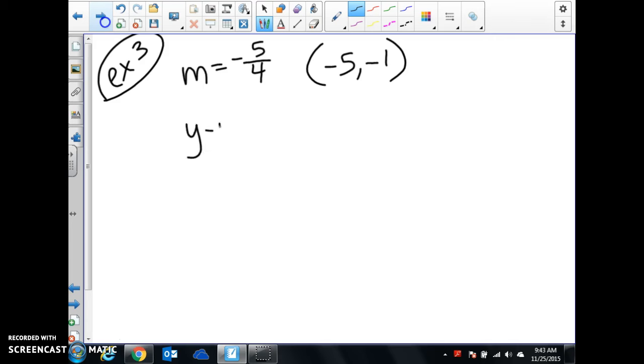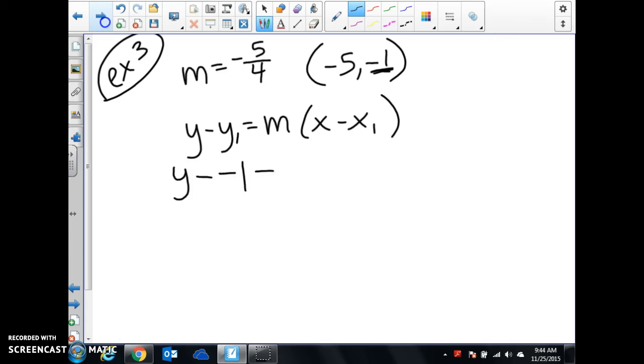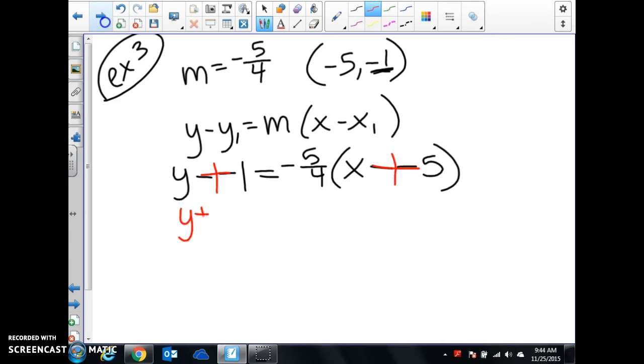Okay, so y minus y1 equals m(x minus x1). y minus my y1, which is -1, equals my slope, -5/4, times parentheses, x minus my x1, which is -5.